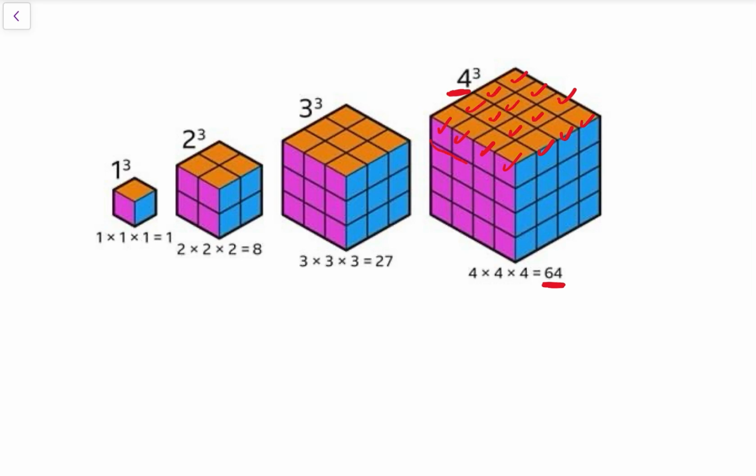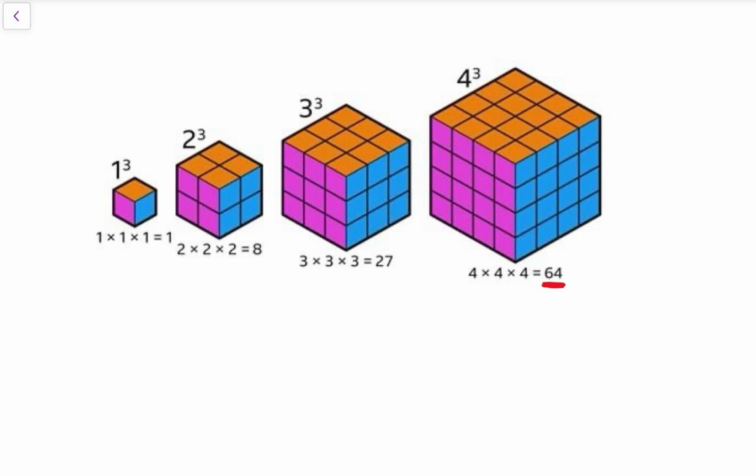So 16 cubes in the first layer, 16 in the second layer, 16 in the third layer, and 16 in the fourth layer. So total 16 into 4 is 64 cubes. Now with n equal to 4 we are getting 64 identical cubes. So now the question is how many cuts we need to make.